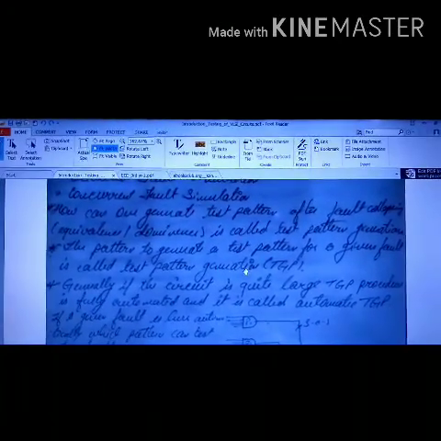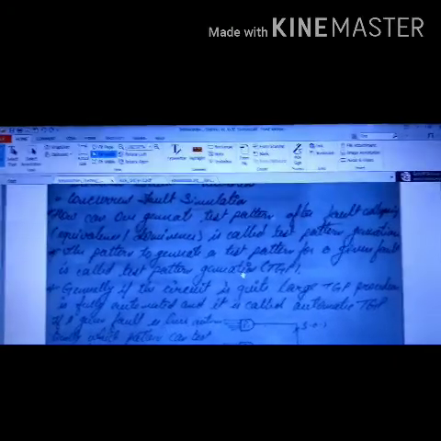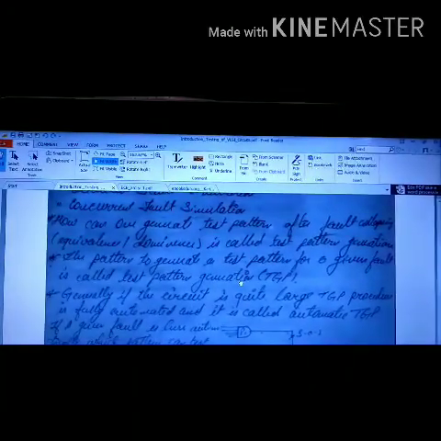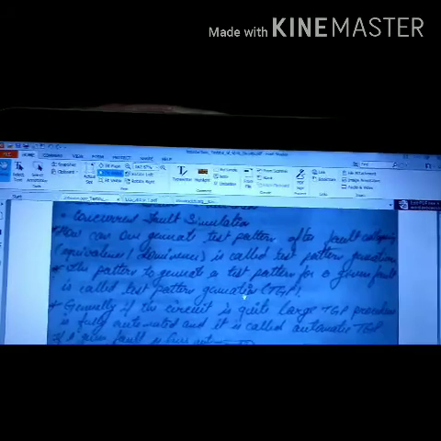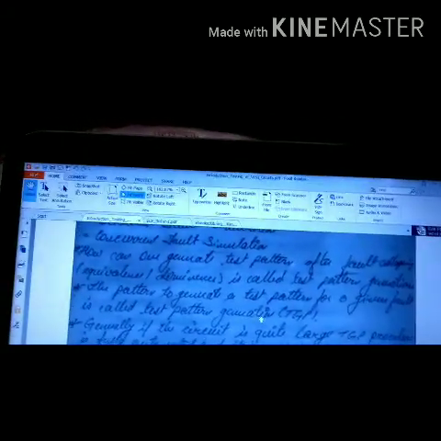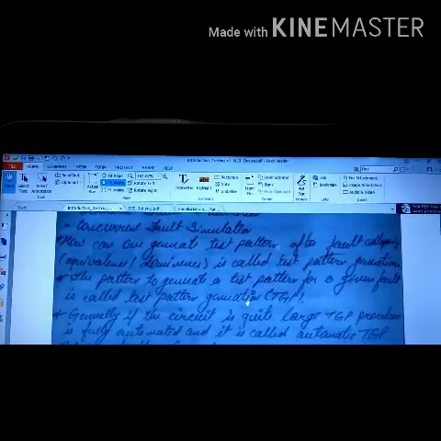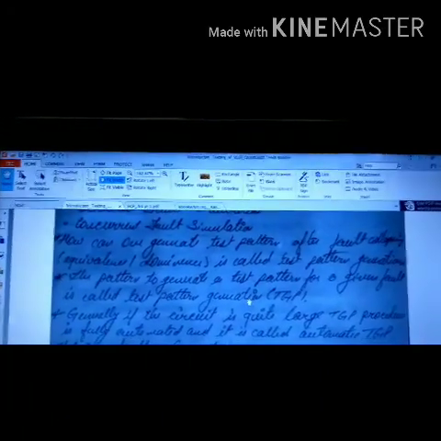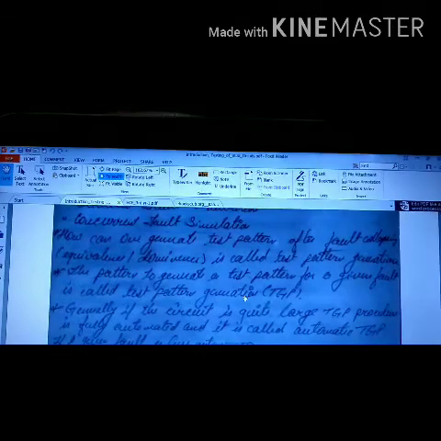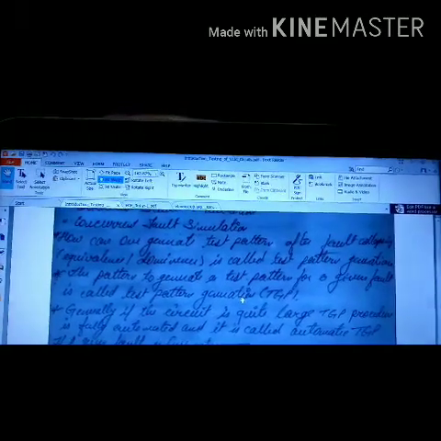How can one generate a test pattern after fault collapsing, or equivalence and dominance? It is called test pattern generation. So once we have undertaken equivalence and dominance, the patterns which are generated afterwards come through test pattern generation. Test pattern generation generates a test pattern for a given fault.